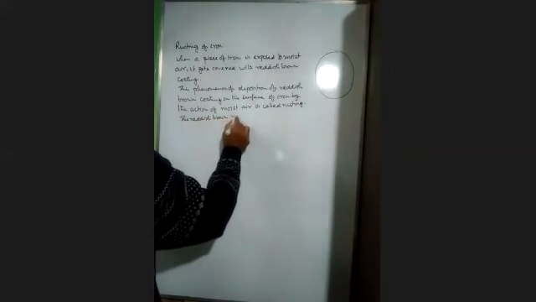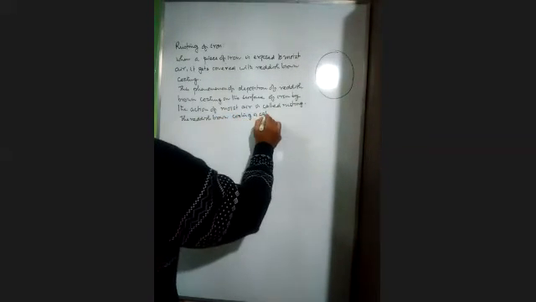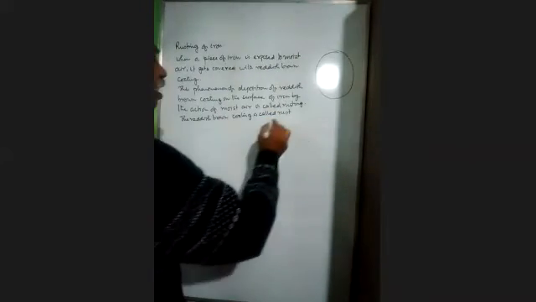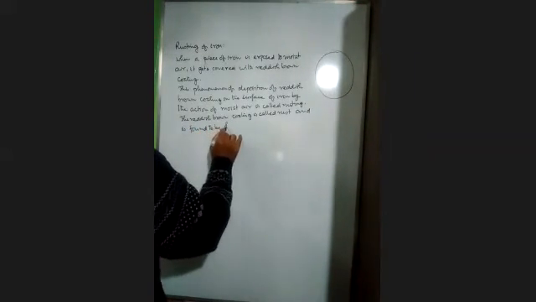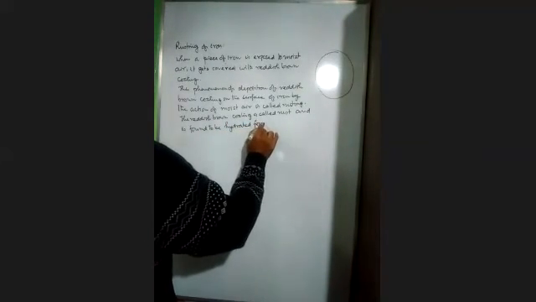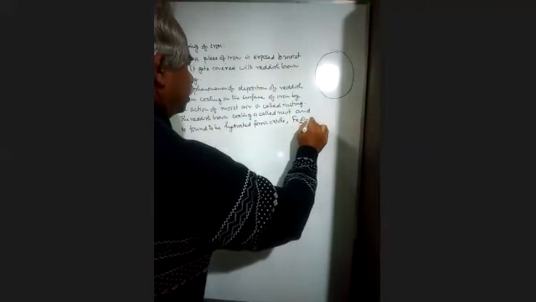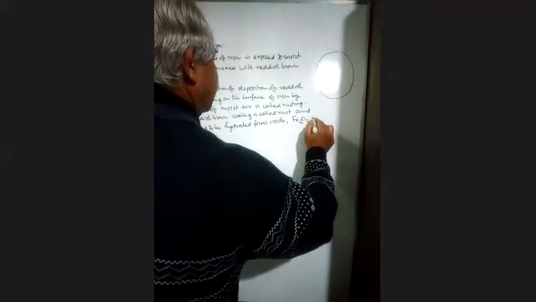The reddish brown coating is called rust and is found to be hydrated ferric oxide, Fe2O3.xH2O.